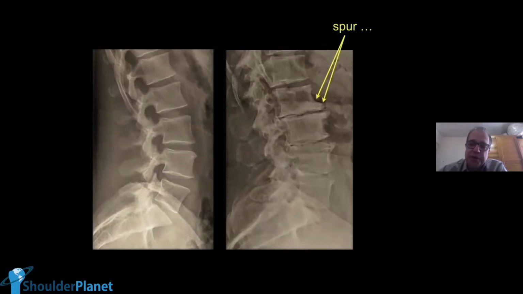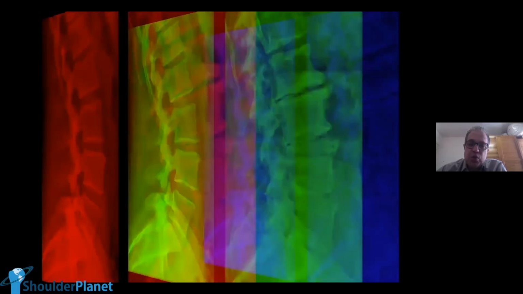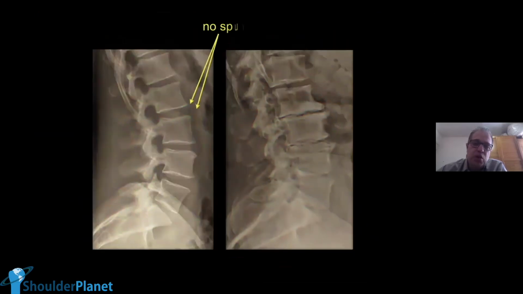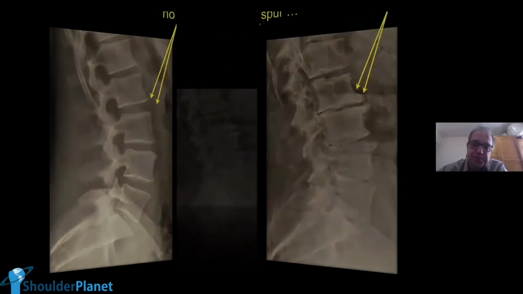So this is a spur and this is a spur. They are bony projections that should not be there, but they happen because of aging. Let's compare. There is no bone here in front of the vertebra because there shouldn't be, but with aging, we see a spur. These are spurs that we call osteophytes.